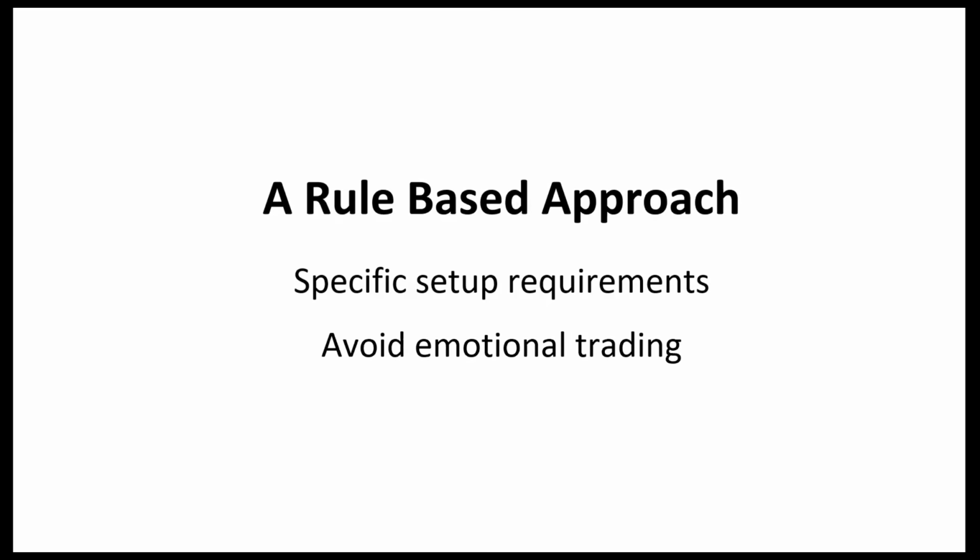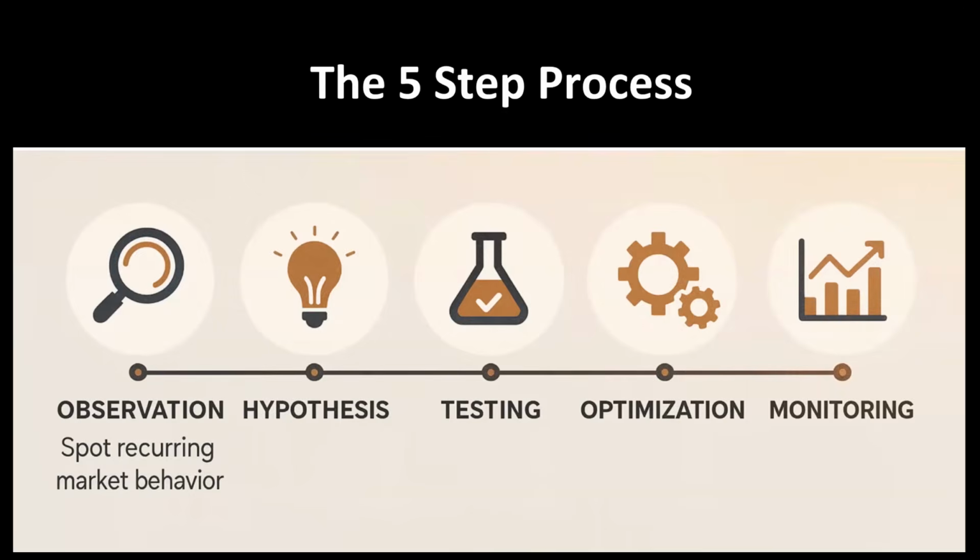Instead, the goal is to determine whether a setup really has a statistical edge before you ever put your hard-earned capital at risk. So we follow a five-step process to do this, starting with an idea or an observation.